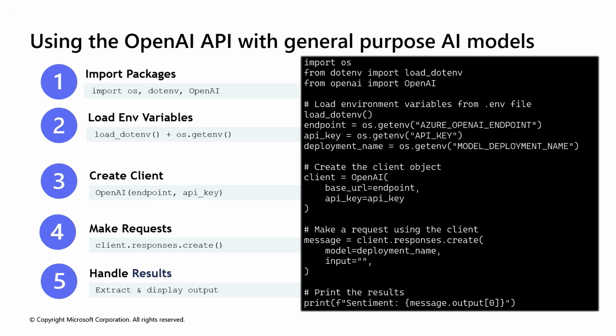Once configuration is loaded, the application creates a client object. This is done using the OpenAI class, passing in the endpoint and API key. From this point on, the client object represents an authenticated connection to the AI model. The application can now send a request using the client.responses.create method. This is where the actual text analysis happens. The app submits a prompt, such as asking to summarize text or analyze sentiment, and the model generates a response.